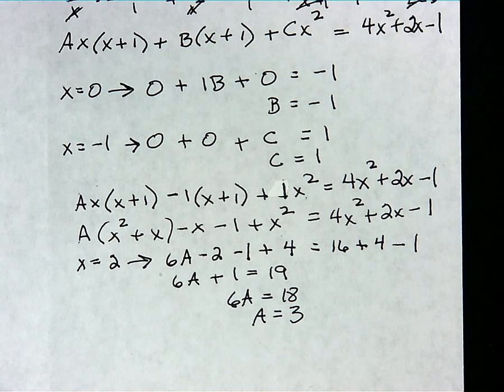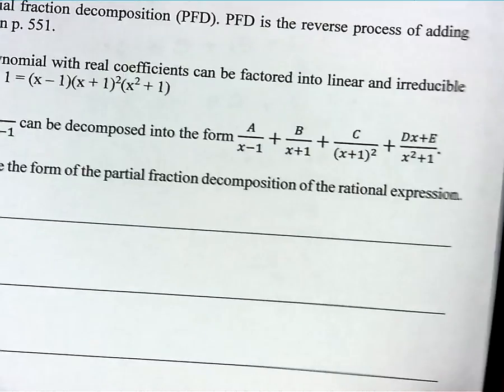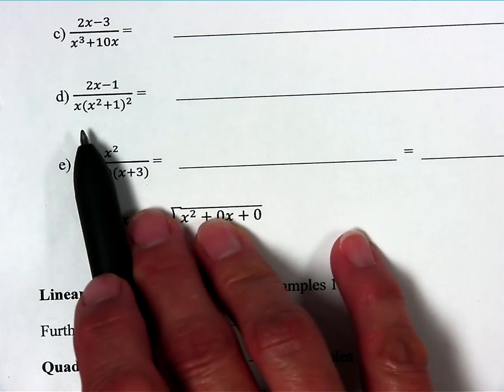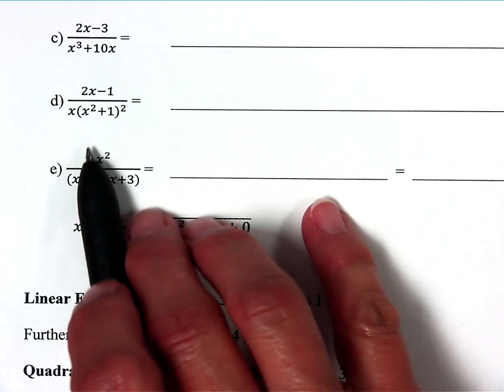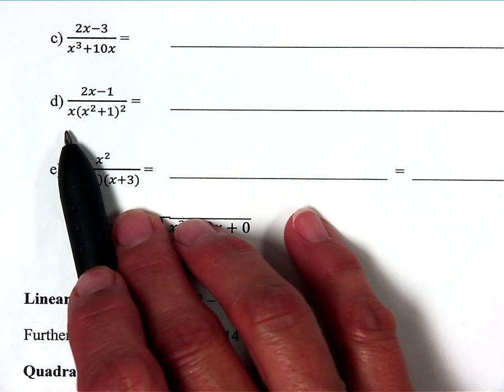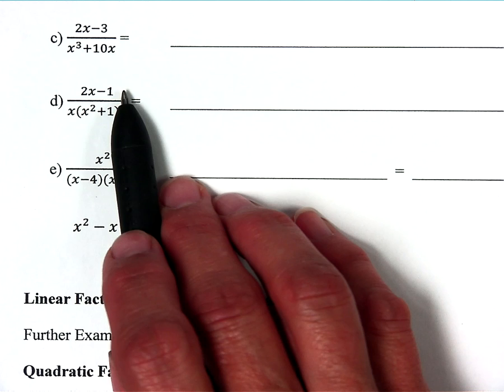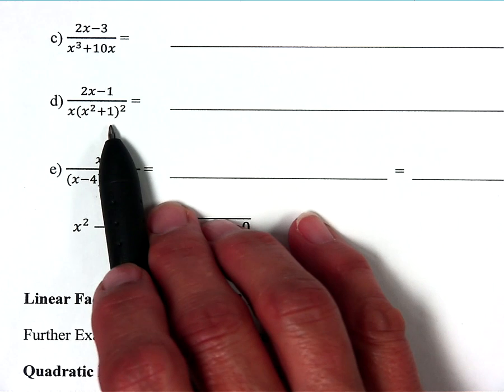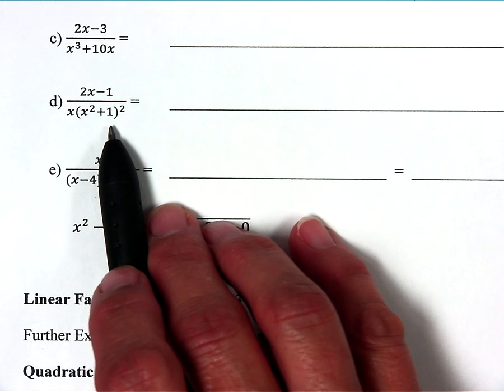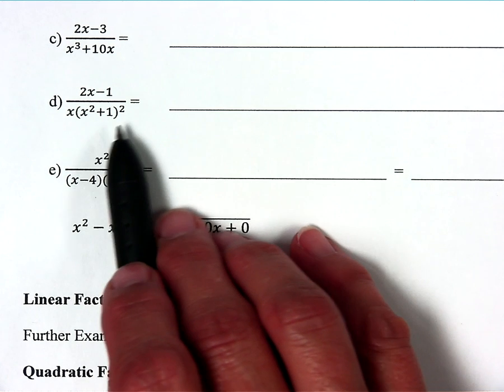All right, so we know how to handle quadratic factors because we did yesterday. For example, this one, I had it written on the board yesterday. I would separate that as some A over X because that's my linear factor, and then some BX plus C over the X squared plus 1, and then DX plus E over the X squared plus 1 squared.